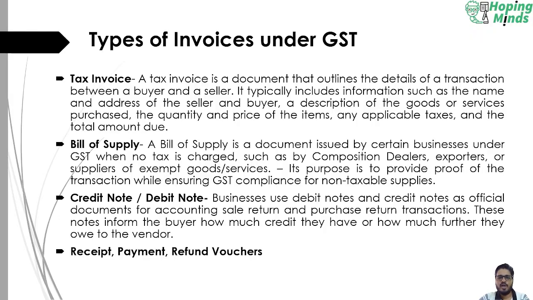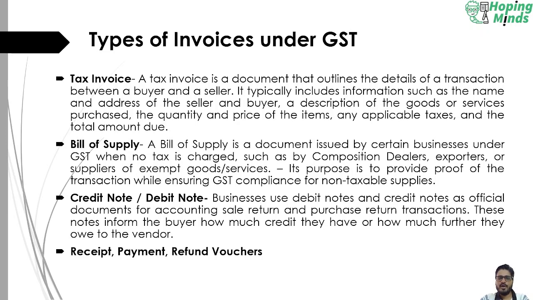All these fields are required to be filled up in GSTR1 return. So next is bill of supply. Bill of supply is a document issued by certain businesses under GST when no tax is charged, such as by composition dealers, by exporters, or the supplier of exempt goods or services. Its purpose is to provide proof of the transaction while ensuring GST compliance for non-taxable supplies.